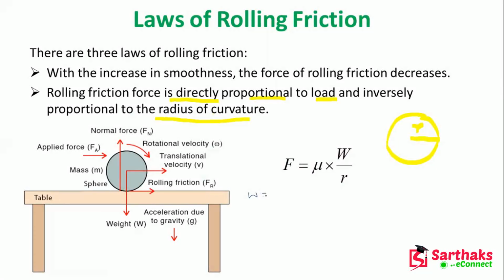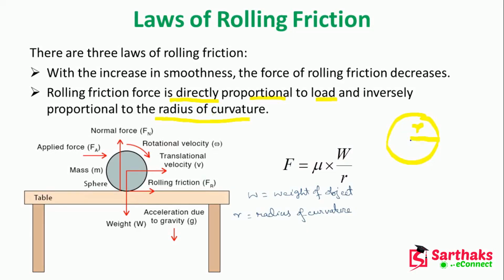Here W is the weight of the object, and R is the radius of curvature.